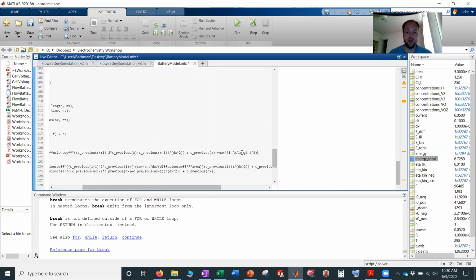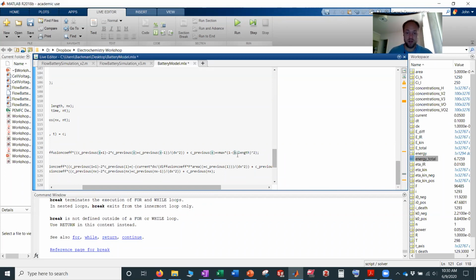So if x equals 0, this term is this. Well, this is a little bit weird. If x is 0, you're going to get V max. We're going to have to change this, because this should be its x position away from the center.